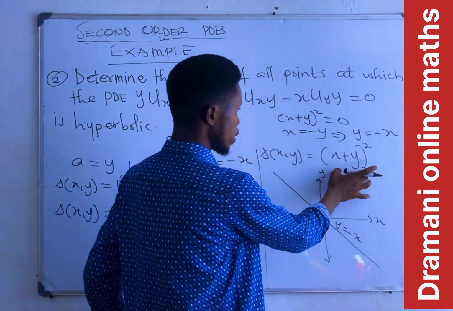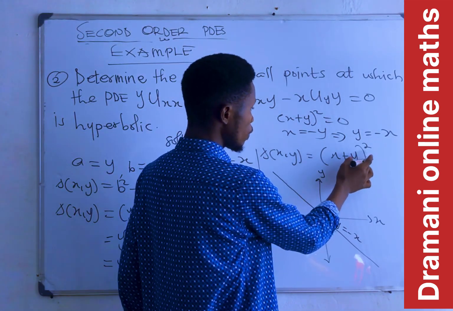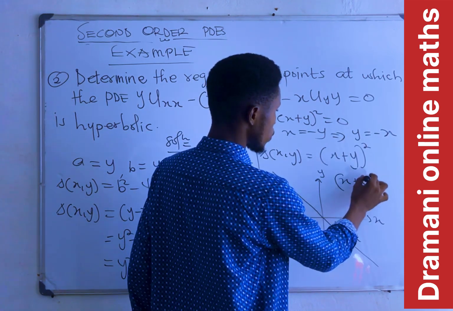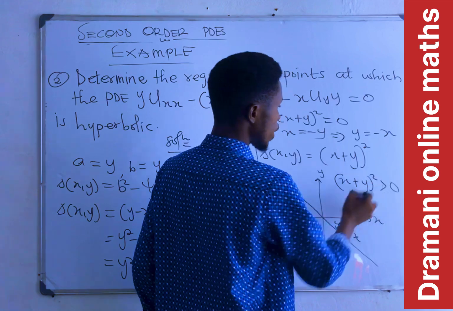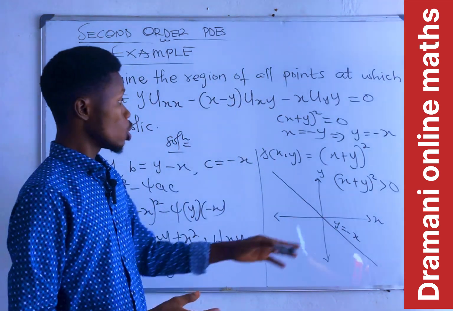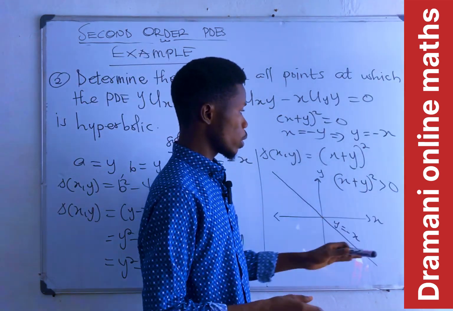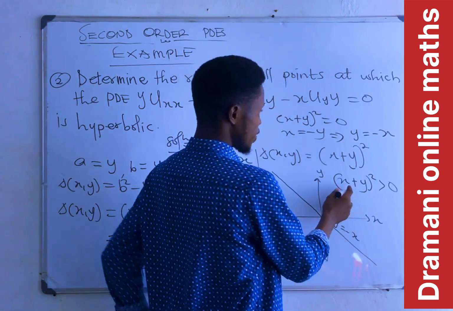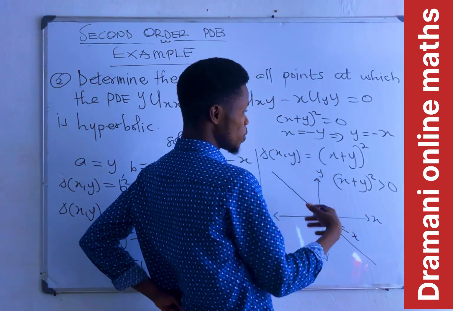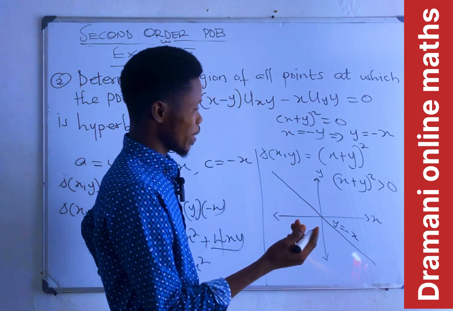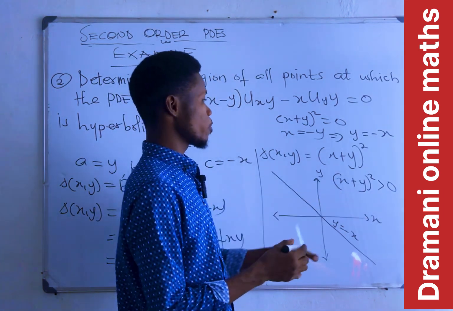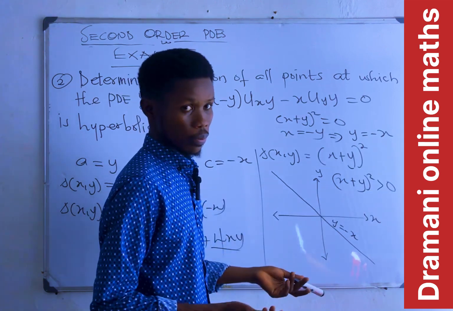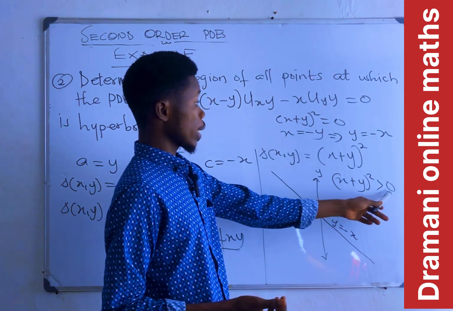So if it is hyperbolic, it means that x plus y squared should be greater than 0, which is certain. If I'm solving the inequality and take the square root, you are just going to get one solution, which is y is greater than negative x.